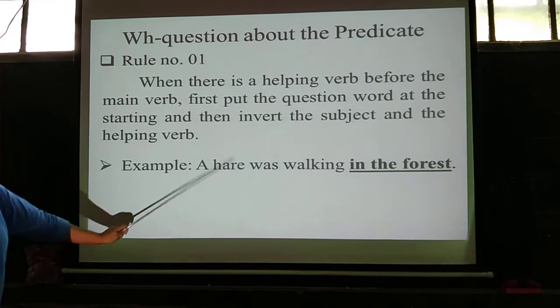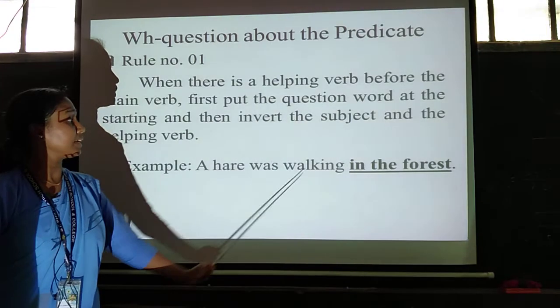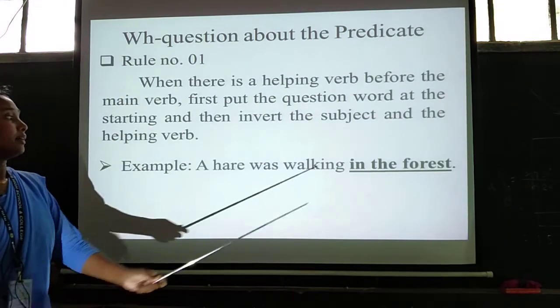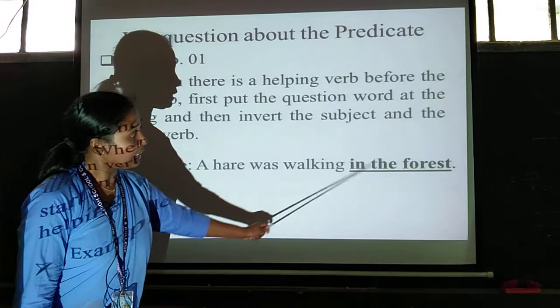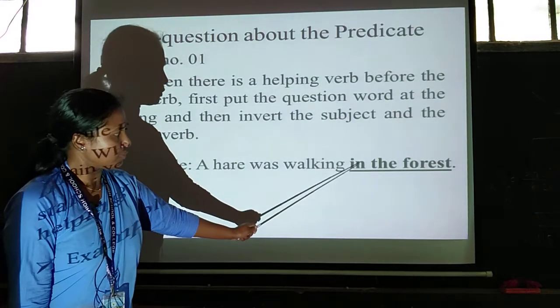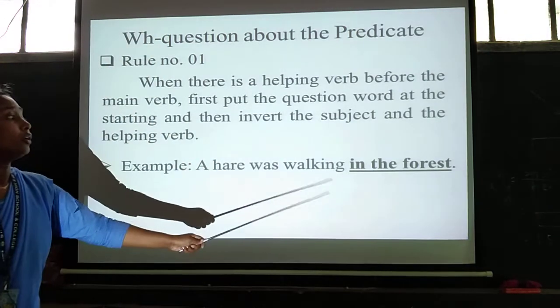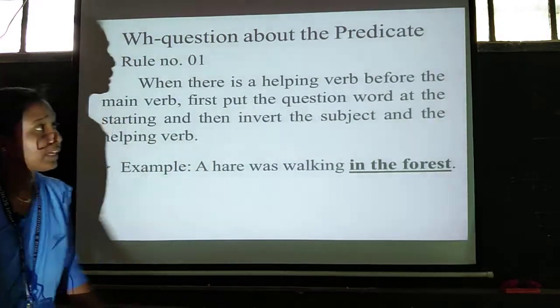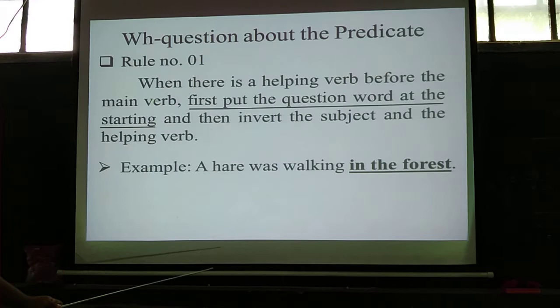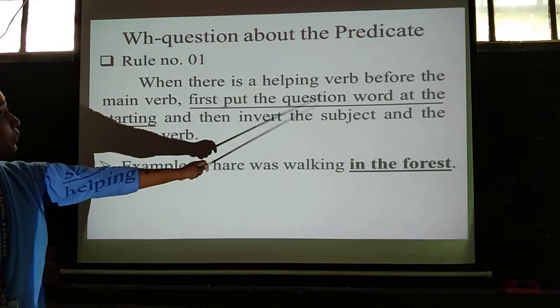Here is an example: A hare was walking in the forest. In this sentence, a hare is the subject, and was walking in the forest is the predicate. And the underline is under in the forest. So from these words we can understand that it's a place. So to ask this we can use here where, but look, first put the question word at the starting.